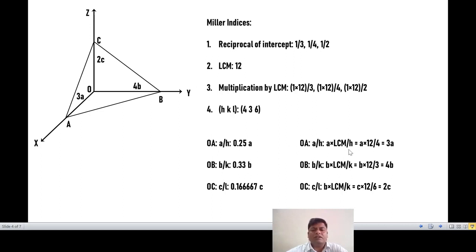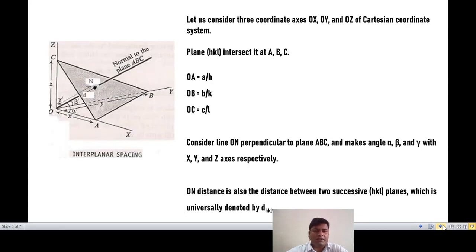So basically the LCM is not considered in this relation between the intercept, the new translation vector, and hkl. Okay, so you people have to note down this fact.